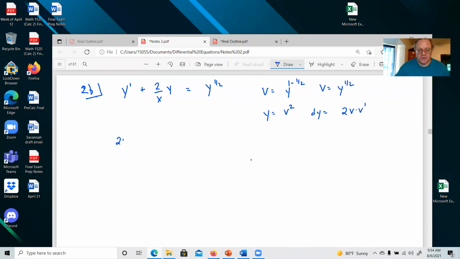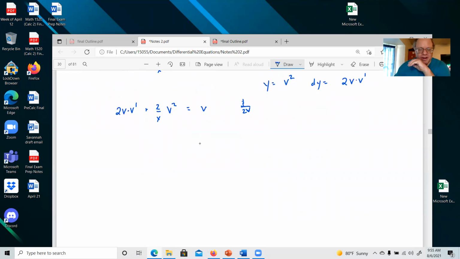We've got 2v times v tick plus 2 over x, and then we have y, which is going to be v squared, and that is equal to v. We're going to multiply both sides by 1 over 2v.